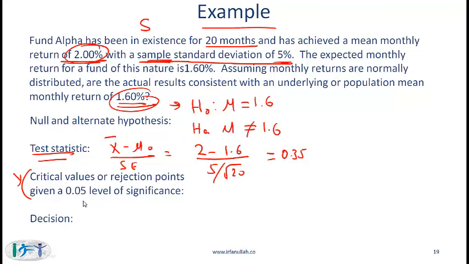Now, this is where we have to make a decision between a Z test or a T test. And notice, our population standard deviation is not known, so we use the sample standard deviation. That leads us towards the T distribution.